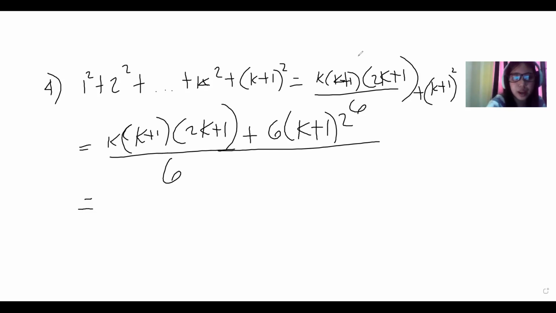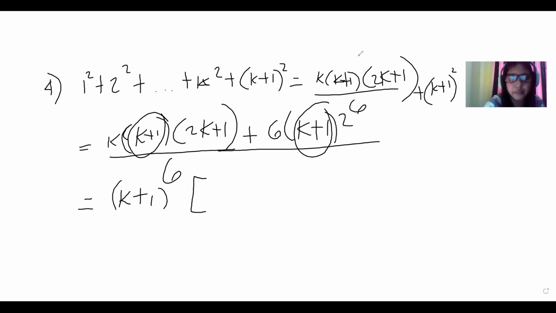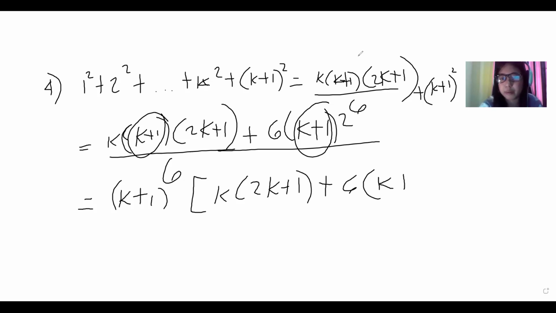If you notice, we have k plus 1 here and k plus 1 here. By factoring this out, we have k plus 1, and what is left inside is k multiplied by 2k plus 1 plus 6 times k plus 1, all over 6.